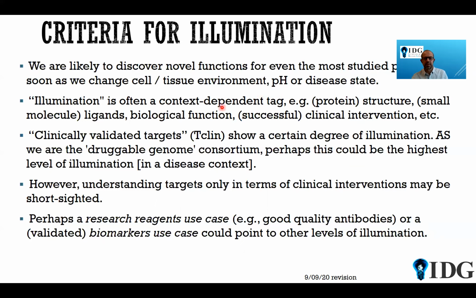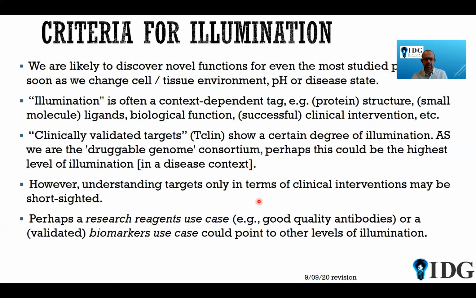So in short, illumination is a context-dependent tag, and it can refer, for example, to the structure of a protein, a successful clinical intervention, a biological function, etc. So clinically validated targets, such as T-clean, are definitely on top of the illumination tree. However, we may have to rethink what would be the best way to assess illumination. In other words, understanding targets only in terms of clinical interventions might be short-sighted.